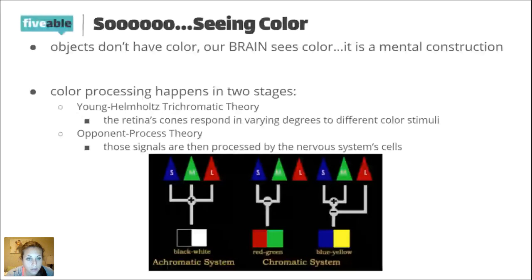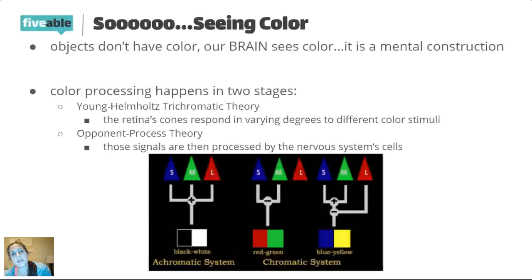Depending on which cells were triggered, it flips the black switch or the white switch, the red switch or the green switch, and the blue switch or the yellow switch, which then sends that message to my brain, processing that image. It seems really complicated for something we pretty much take for granted on an almost daily basis, but that is how color vision works, to the best of our knowledge.